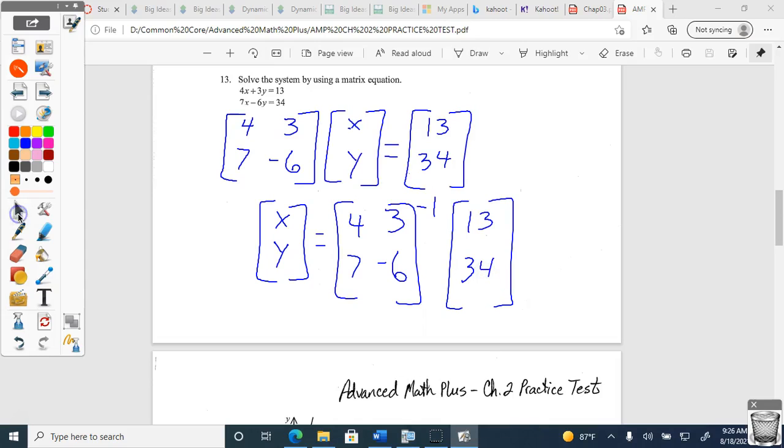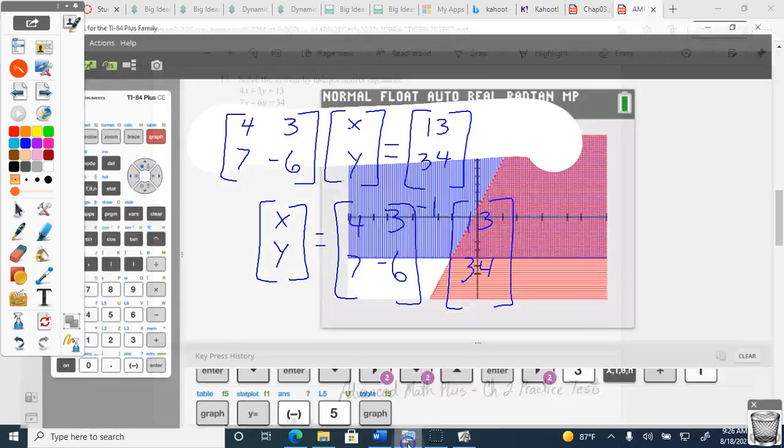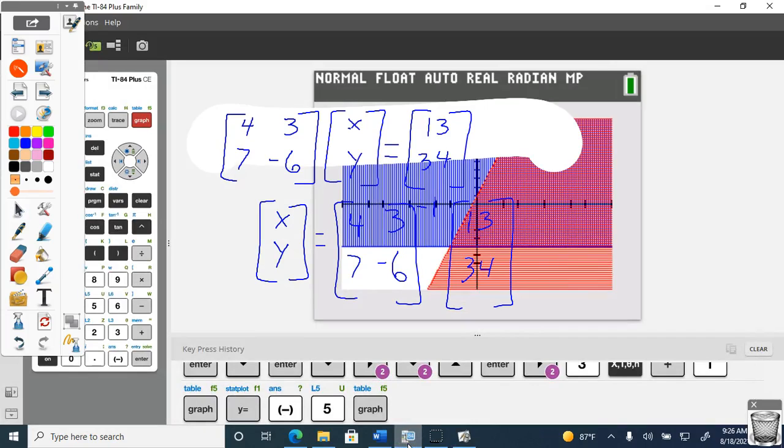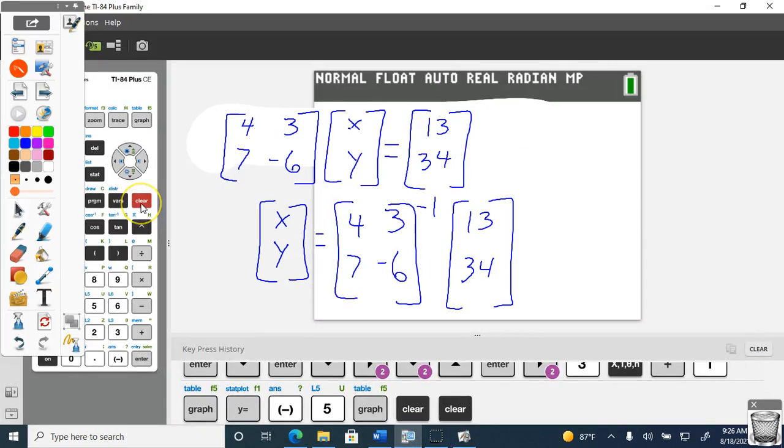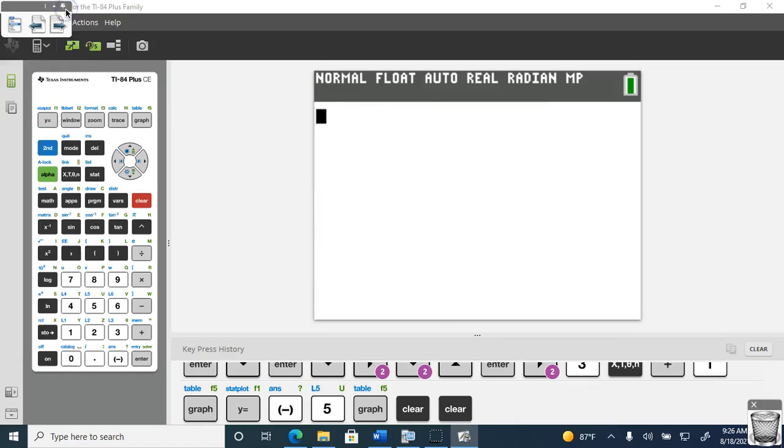If you want to know how to put it in, I'll put it in here. All right, so I'm going to hit, first of all, let me get that out of the way.